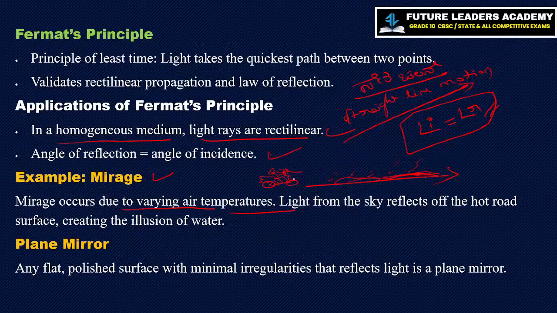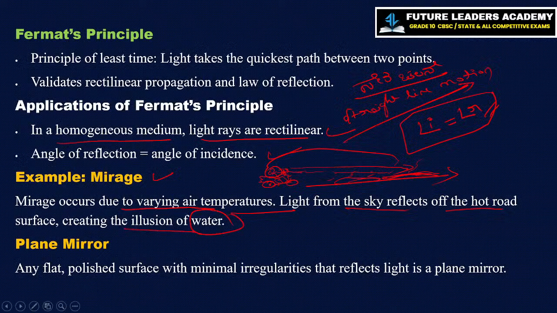On this we could see something that looks like water. So this is an illusion. Mirage is due to varying air temperature, and light from the sky reflects off the hot road surface, creating the illusion of water.